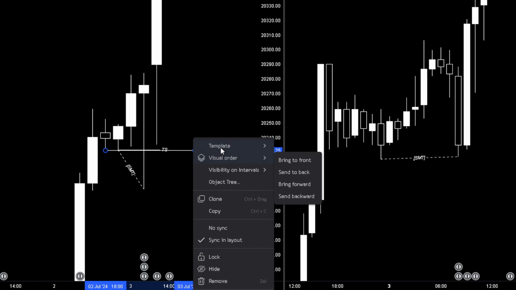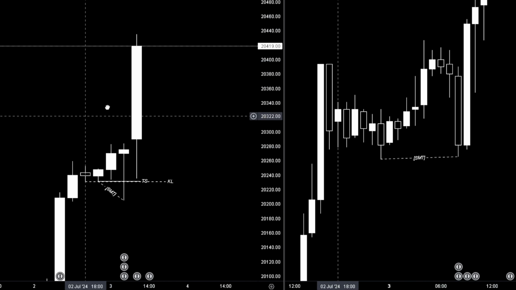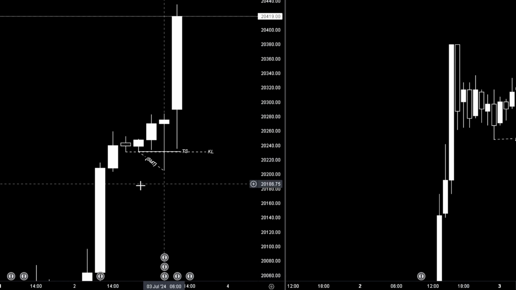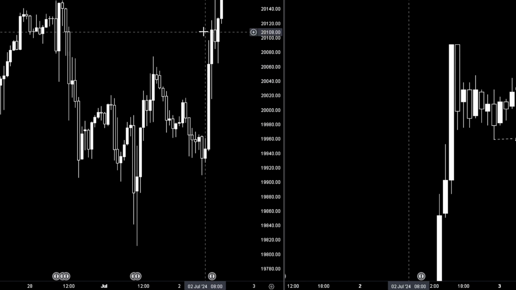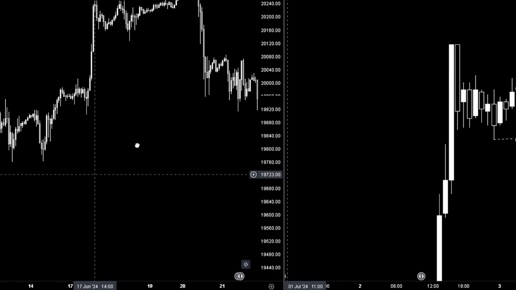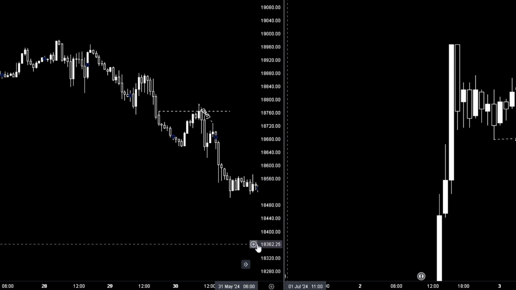And as you can see, price expanded. Yup, price just went straight up. And this is a bullish example. Now let me find a bearish example. Oh yeah, this one right here.